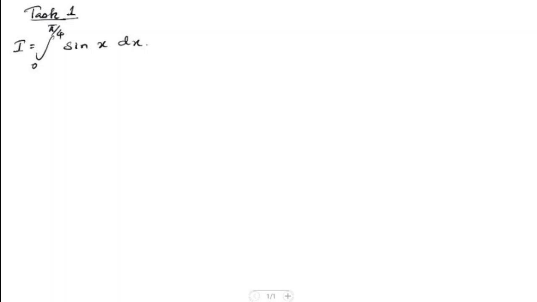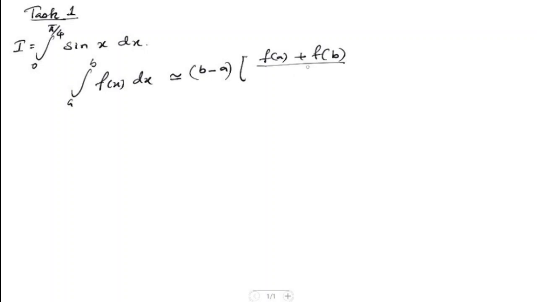The formula for the trapezoidal rule is: for any integral of a function, it is approximately equal to b minus a times f of a plus f of b, divided by 2.